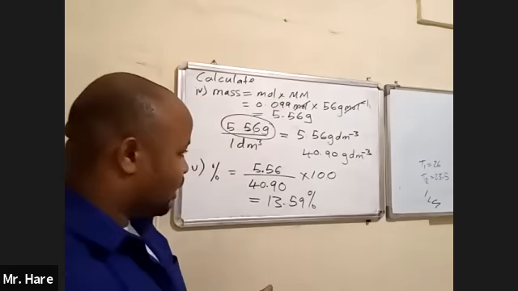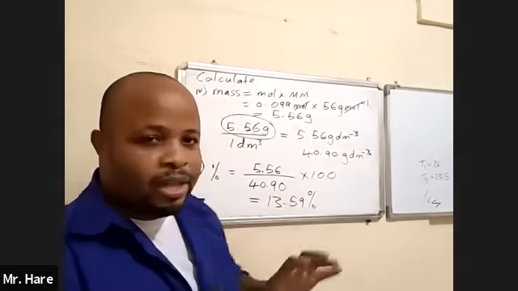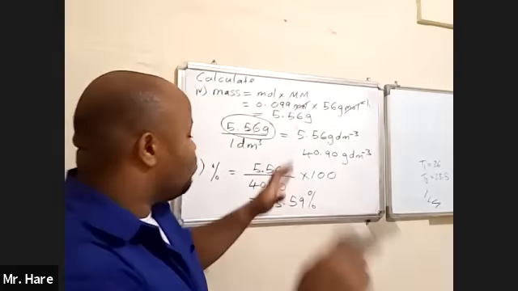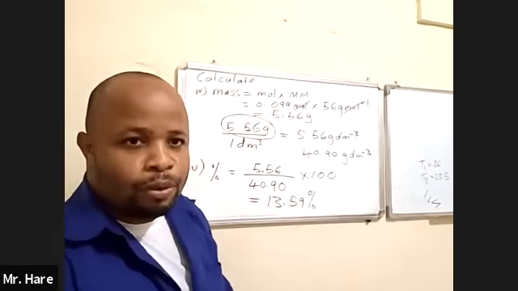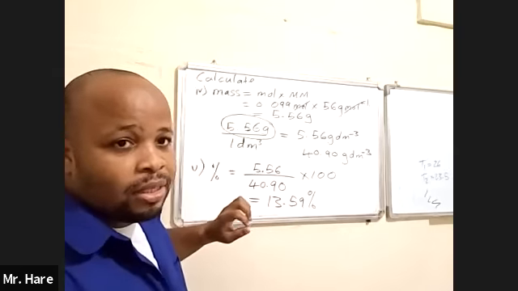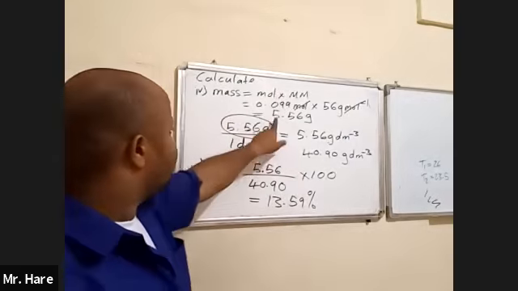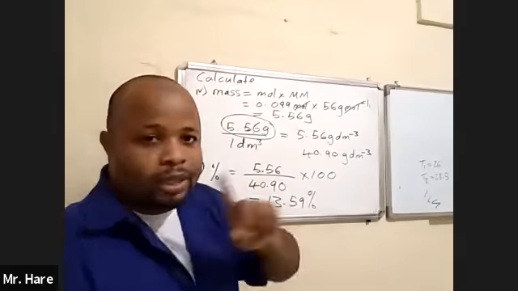Even though they did not say 40.9 grams, the solution that we're dealing with is one dm cube. So we have calculated the mass of Fe2 plus in one dm cube. So 5.56 gram of Fe2 plus is in one dm cube.